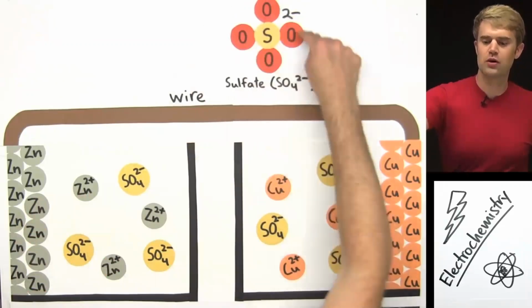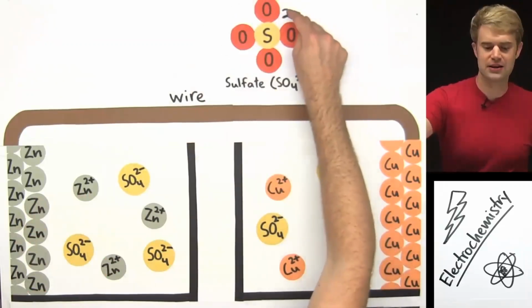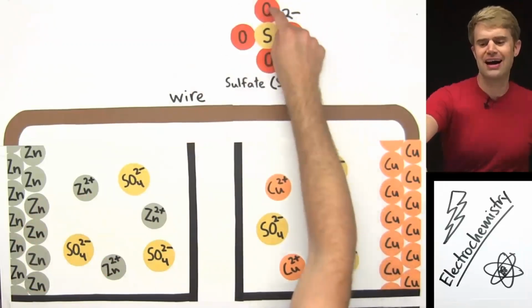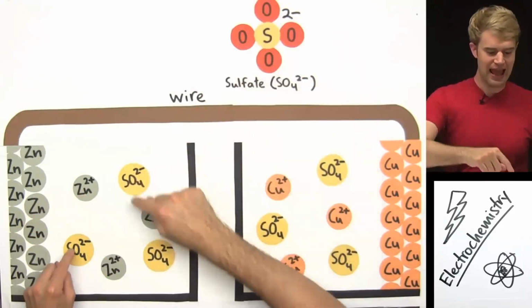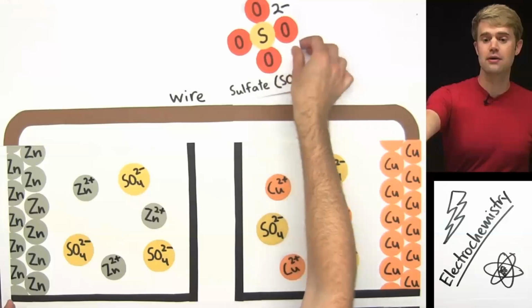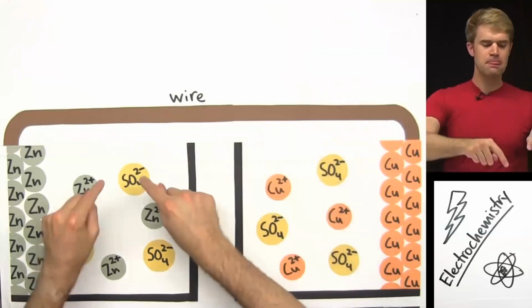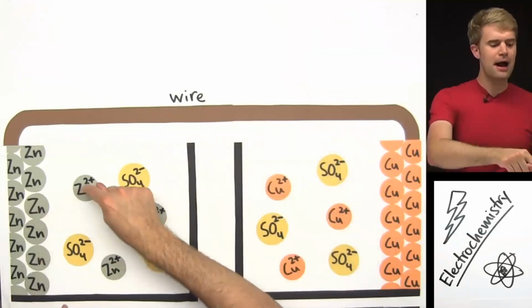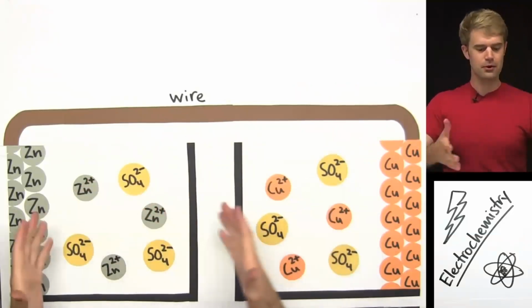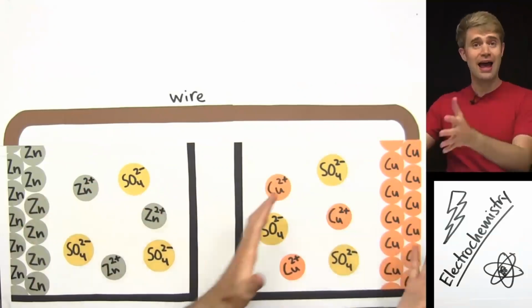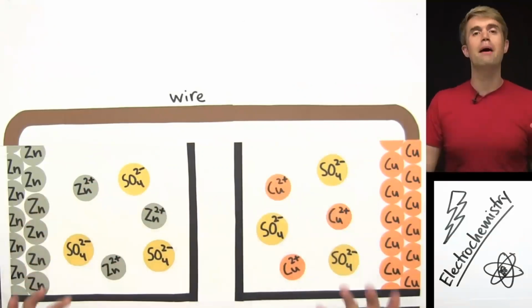It's a sulfur with 4 oxygens, and the whole thing has a 2- charge. I didn't want to have to keep using this thing, so I've just abbreviated these as SO4 2-. But the point is, the negative charge from the sulfate balances out the positive charge from the zinc or from the copper. So right here in my two half cells, the charges are balanced out.